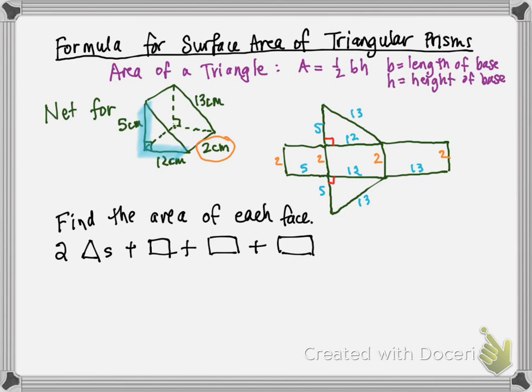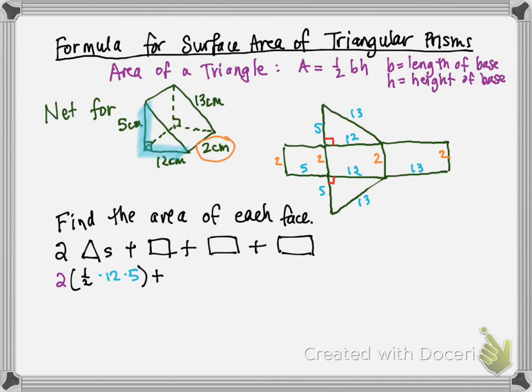So what I'm going to do is figure out from this shape, I have 2 triangles, and the area of the triangle is going to be 1/2 the base of the triangle, so this is going back to our original shape, 12 times the height of the triangle, which is 5. And then I'm going to pair up each triangle dimension with the height of the prism dimension, that 2 that I've circled in orange.